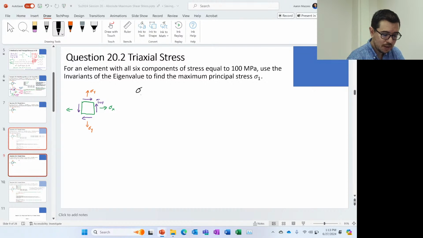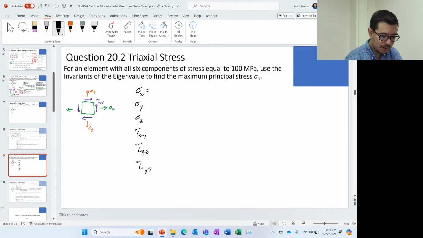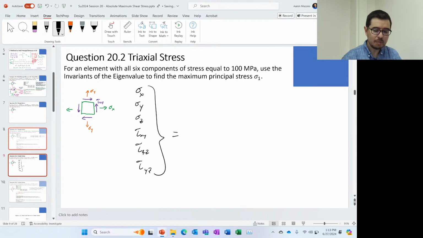So here what we're saying is that sigma x, sigma y, sigma z, tau xy, tau xz, and tau yz, all of these are equal to the same thing. Now, your problem in Canvas probably gave you slightly different numbers, correct? In this case, it's equal to 100 megapascals.